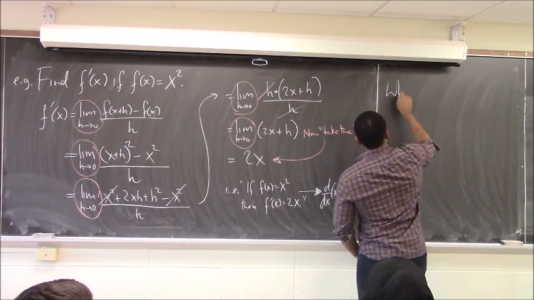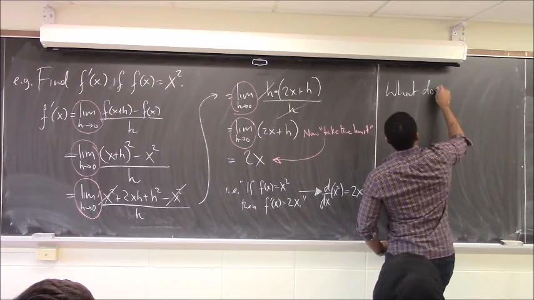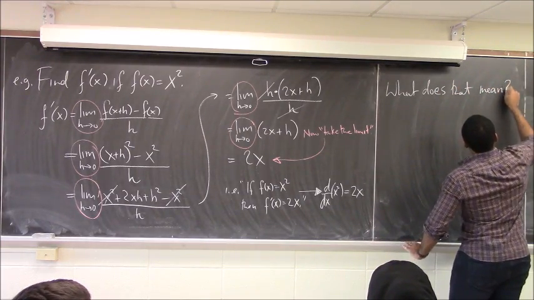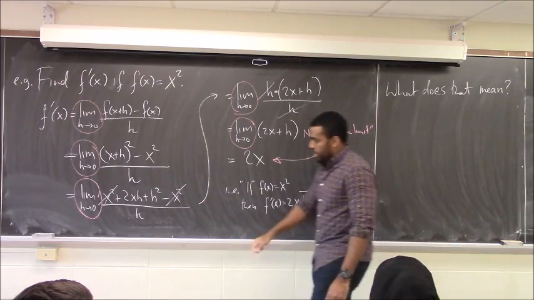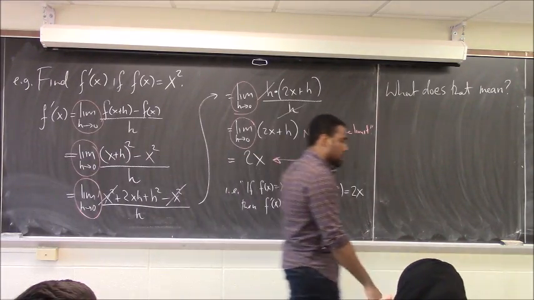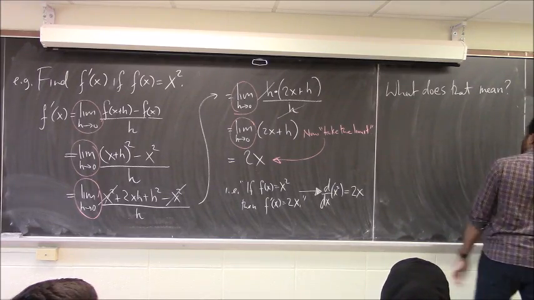Now, what does that mean? We'll see many other interpretations and applications, but for now let's focus on the geometric interpretation. What does it mean that the derivative of x squared is 2x?